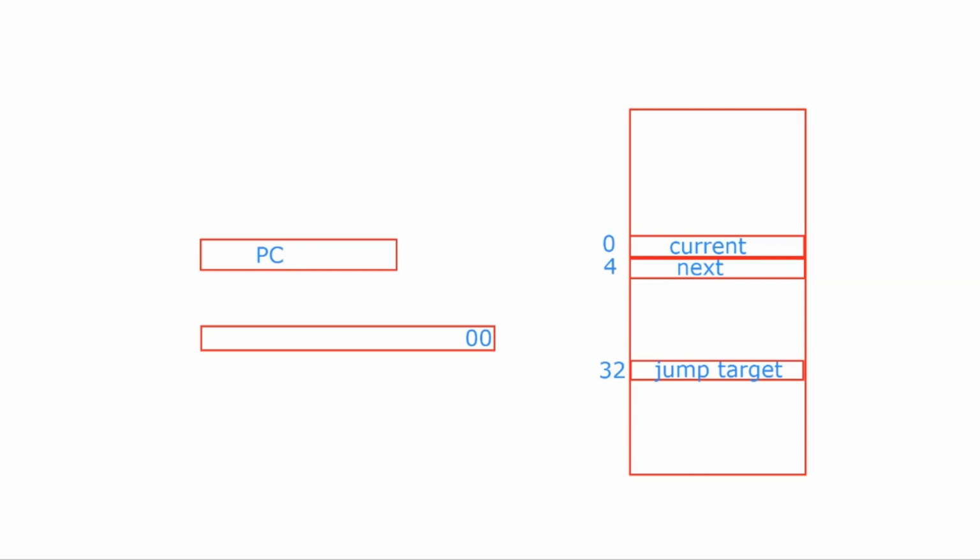That is why the 26-bit address does not contain these least significant 2 bits.